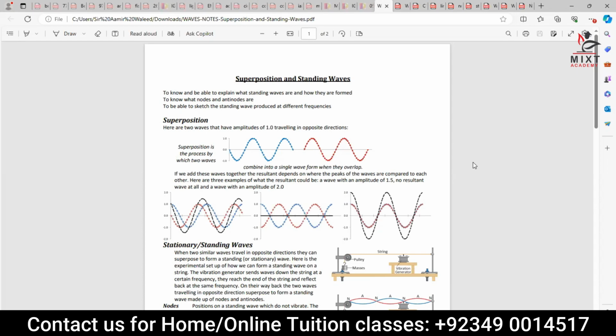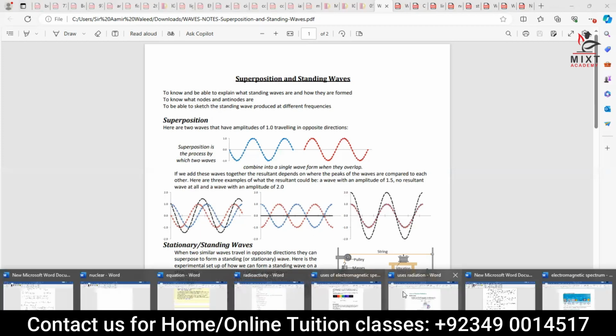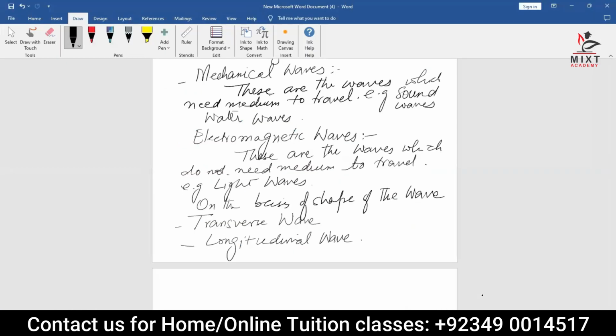That's what the thing is all about. Can you see that wave which is right in front of you? That wave in the blue and then the red. So basically, let's talk about transfer waves.